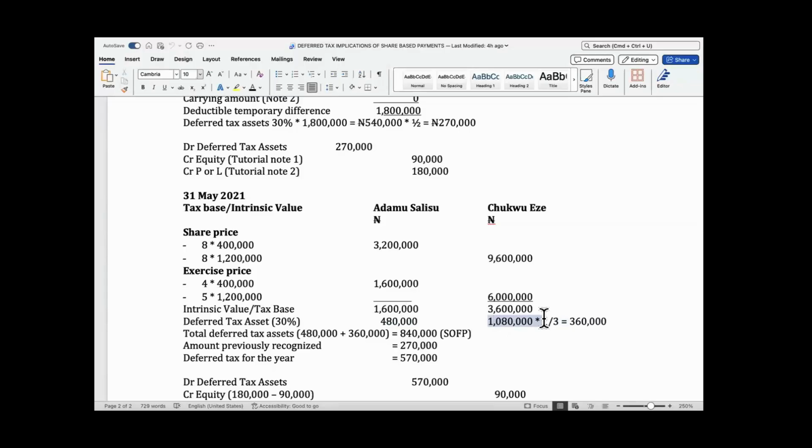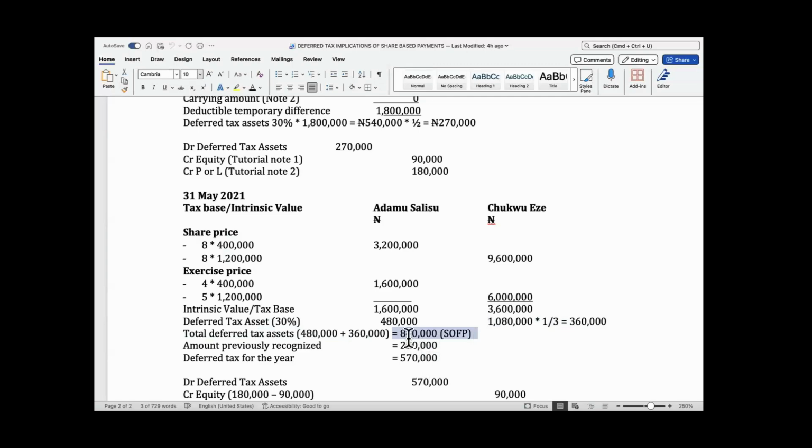So the deferred tax, the 30% we have gotten on that, we multiply by 1/3, because the vesting period is still 3 years for this guy. So we get 360. So 360 plus 480, the deferred tax here is 840. So this is now the deferred tax position as at 2021.